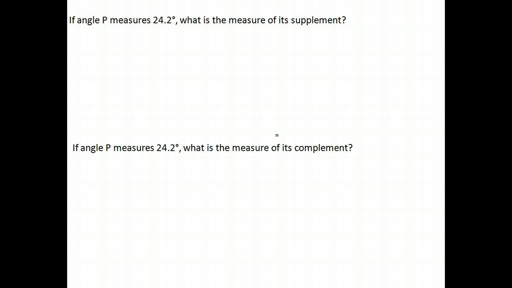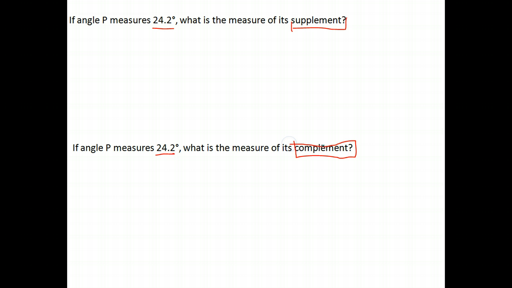Okay, these two questions are designed to make us watch as we read through a question. So it says if angle P is 24.2 degrees, what's the measure of its supplement? Okay, we've been doing questions like that, and now we have if angle P is 24.2, same angle, what's the measure of its complement?